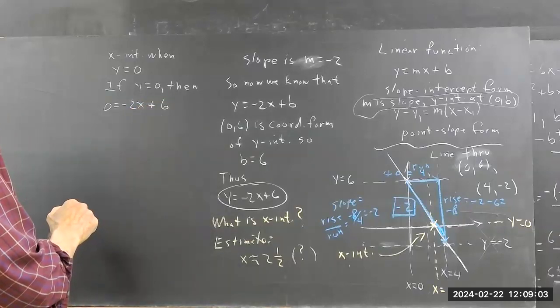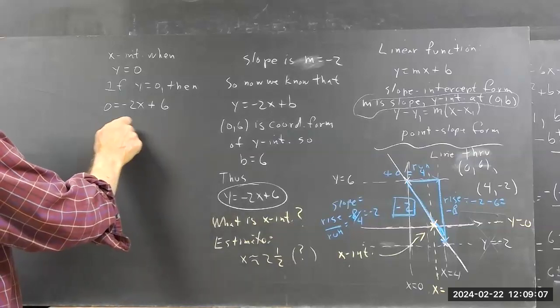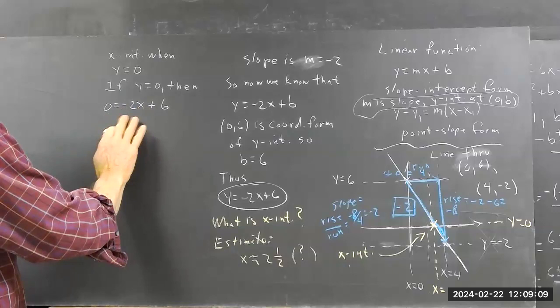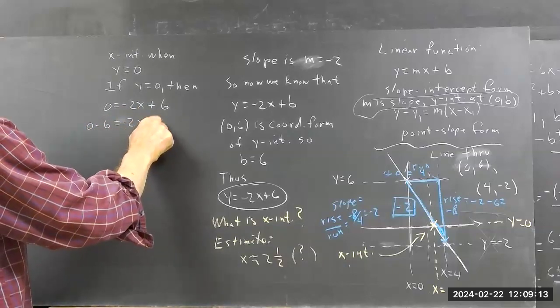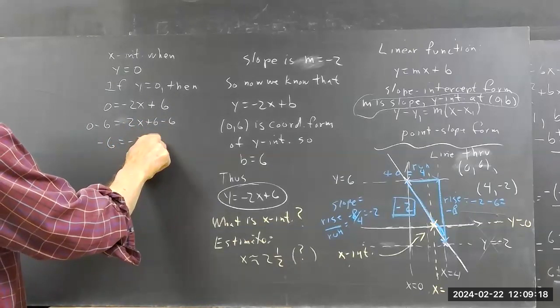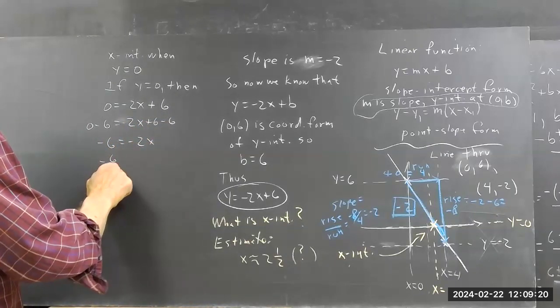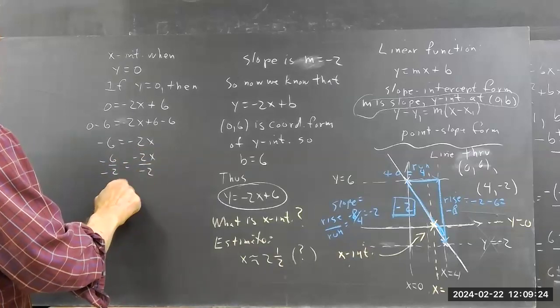So now what? Well, we solve. We do 0 minus 6 equals negative 2x plus 6 minus 6. We get negative 6 equals negative 2x. We divide both sides by negative 2. So we get x equals 3.